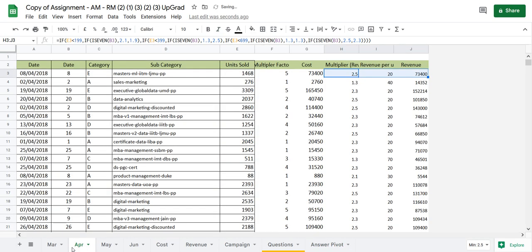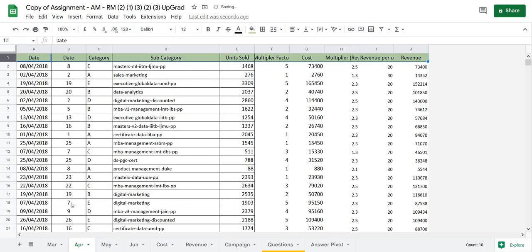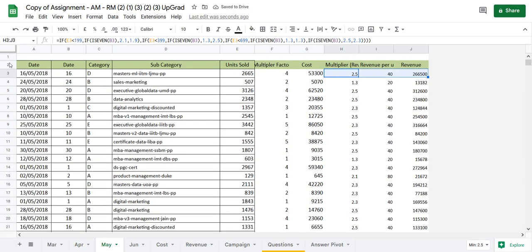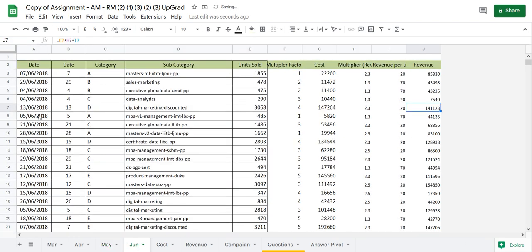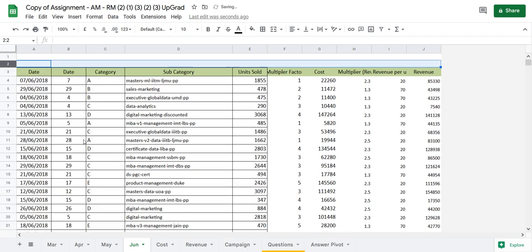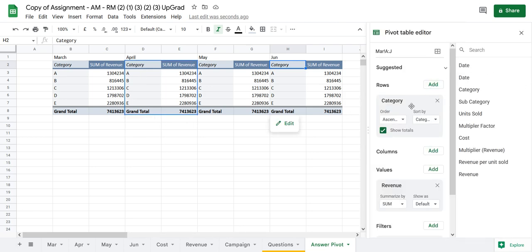One more thing I need to do is delete this particular row. And I'll go to this particular thing.